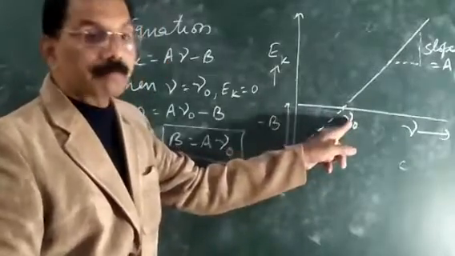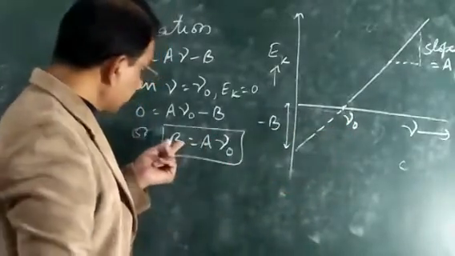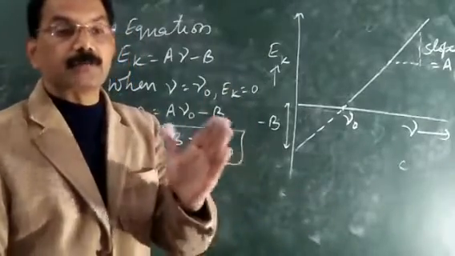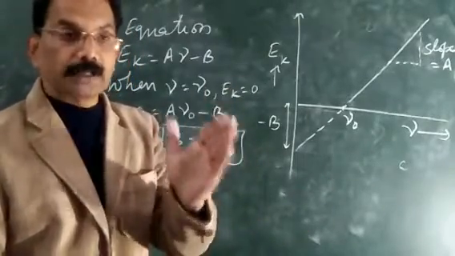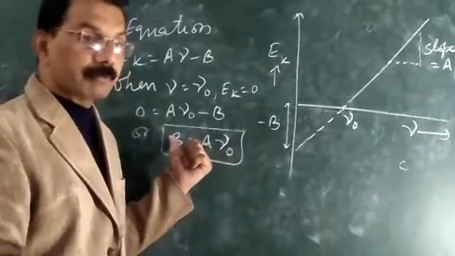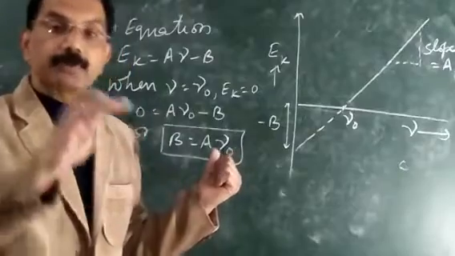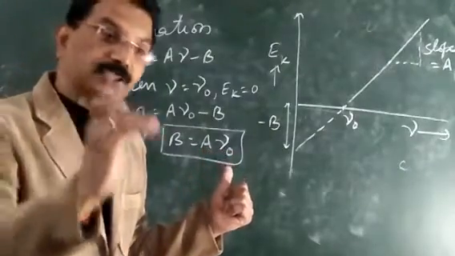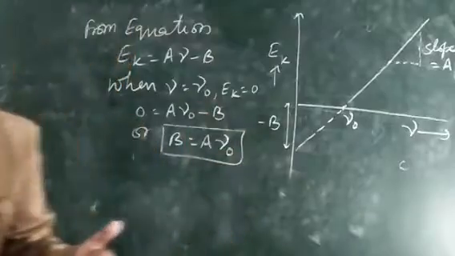Nu naught was the minimum frequency of light, and B, that is A nu naught, gives the minimum energy required for the emission of the photoelectrons from a metal surface. And later I will tell you that this energy, the minimum energy required for the emission of the photoelectron from a metal surface, is called the work function of that metal.